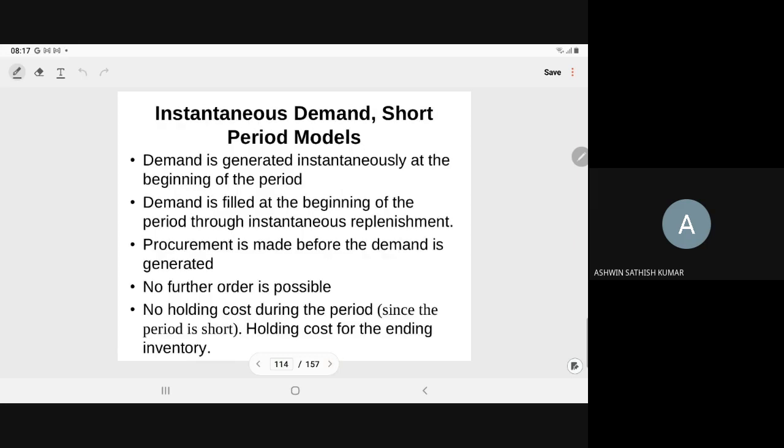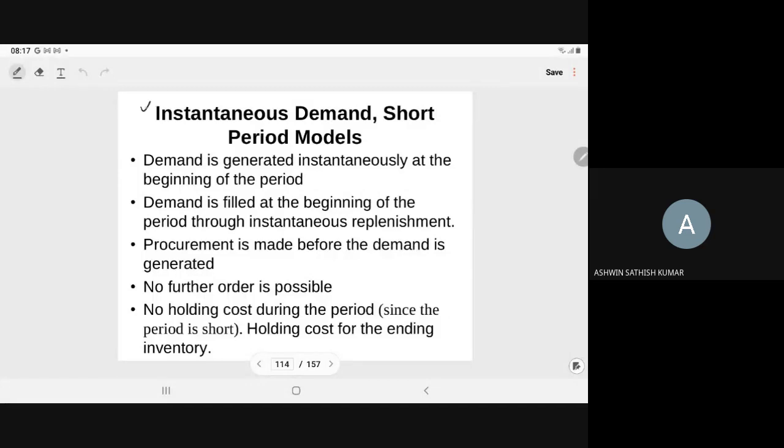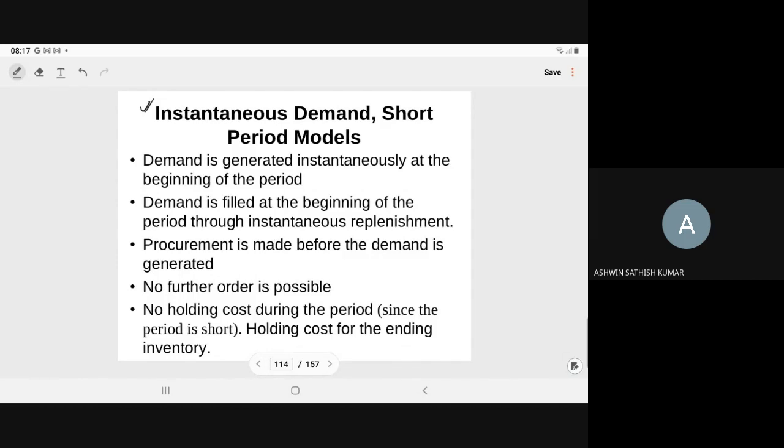So here we are saying that we have the instantaneous demand. Instantaneous demand means before starting the period, we have to judge what the demand can be. Here the demand will come one by one, but you have to judge what the demand can be, so that that much amount of item you can procure and store, right?